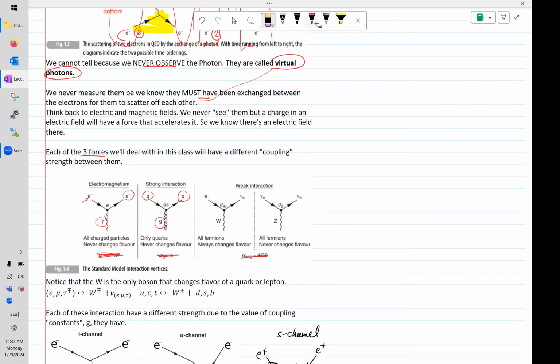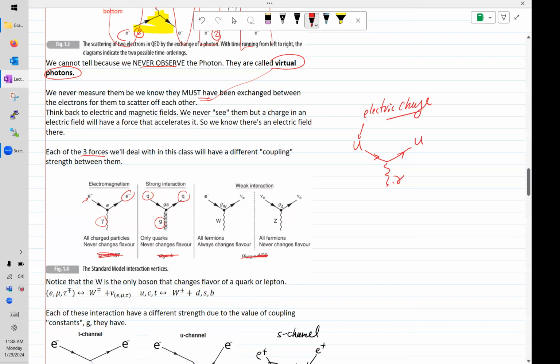So quarks can also interact electromagnetically. You can also draw maybe an up quark scattering off, having a vertex like this also. This is also possible, because this has an electric charge. Anything that has an electric charge can emit a photon. Sorry for the bad writing. Try to be quick.